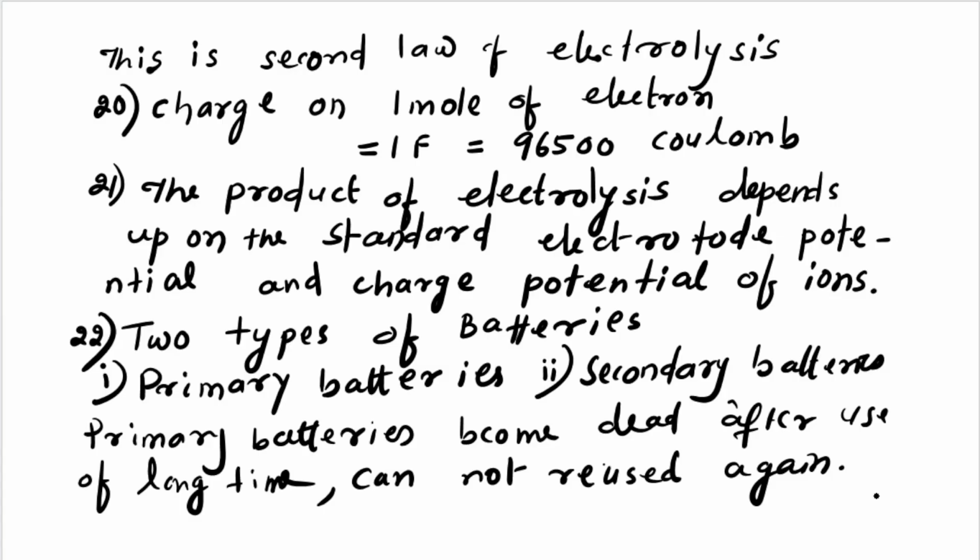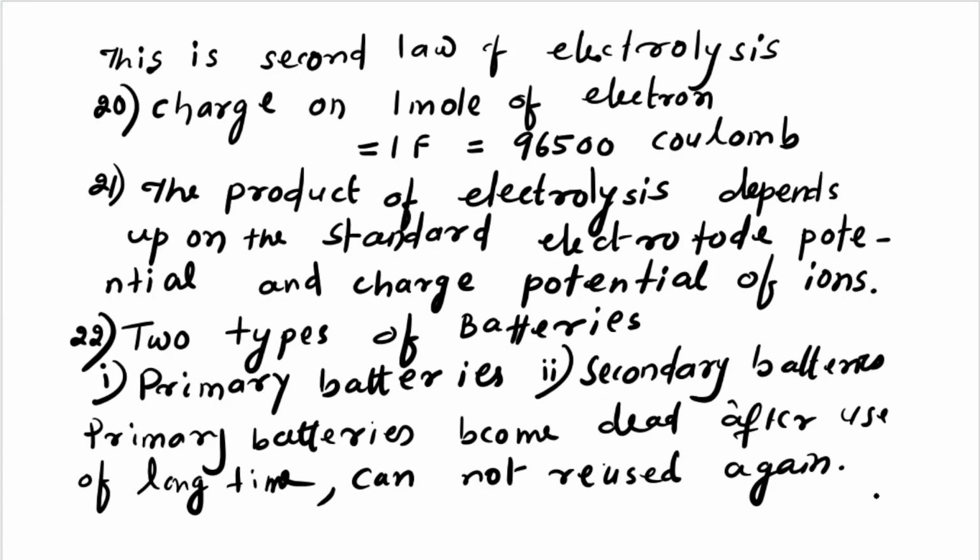That means if you pass 1 Faraday of electricity, or 96500 coulombs, then 1 mole of electrons is used. The product of electrolysis depends upon the standard electrode potential and the charge of each ion.